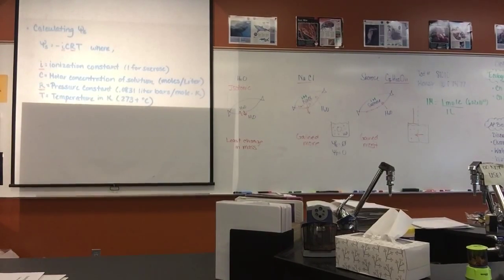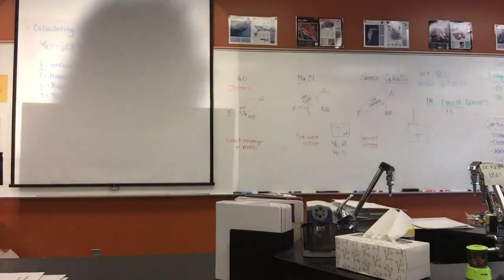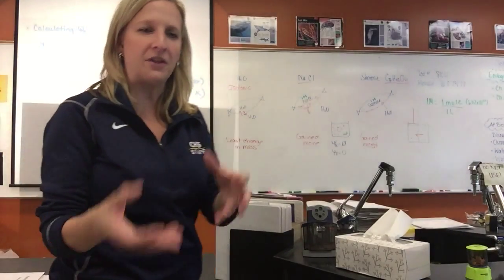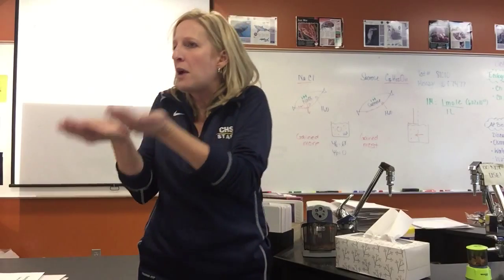Okay, so these two, the i and the R, the R is a constant. The i, for a lot of what we're going to be doing, is just a 1 for sucrose. So the thing that varies is whatever solution you're trying to figure out the solute potential of, whatever its molarity is, and whatever the temperature is of the solution. So like in this class, if we were doing a lab with it, it would be at room temperature.